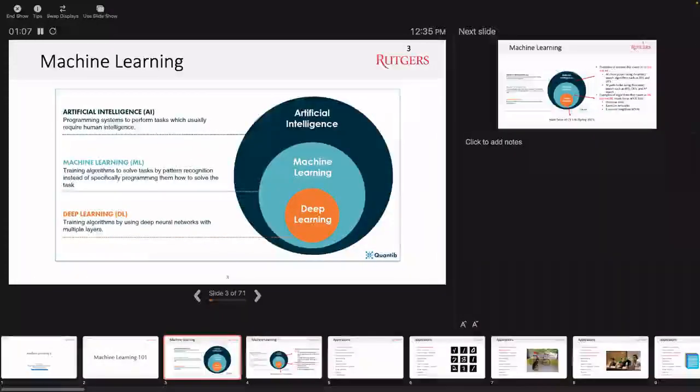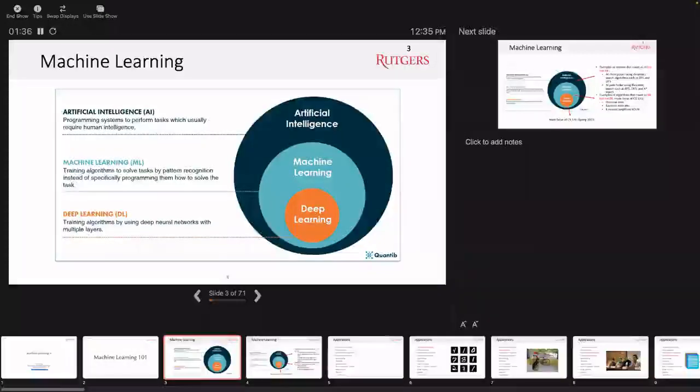So what is machine learning? Machine learning is actually a subset of artificial intelligence, and it's a superset of deep learning. If you look at one version of the definition for artificial intelligence or AI, it's programming systems to perform tasks which usually require human intelligence. So this is a very broad definition.